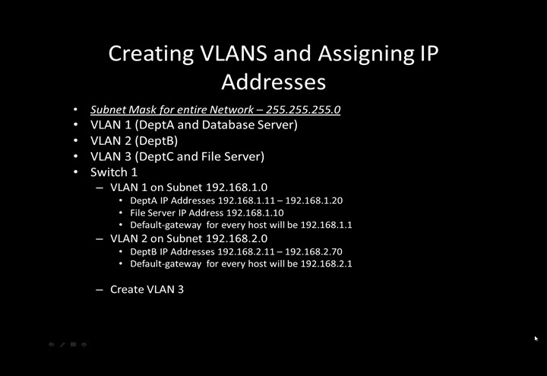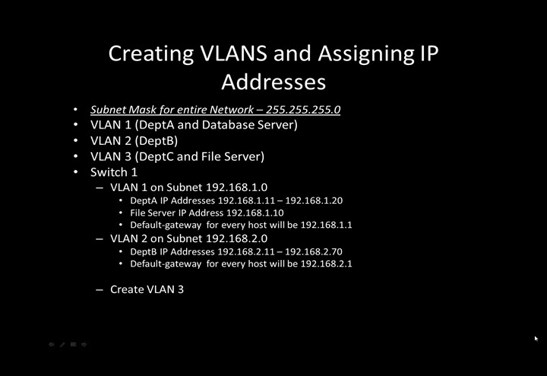The file server IP address was 192.168.1.10. And the default gateway for every host will be 192.168.1.1. VLAN 2 is on subnet 192.168.2.0 and the Department B IP addresses were 192.168.2.11 through 192.168.2.70. And the default gateway for every host will be 192.168.2.1.